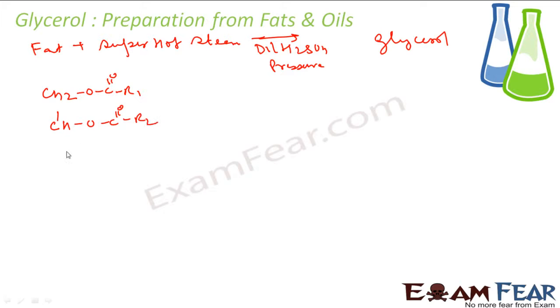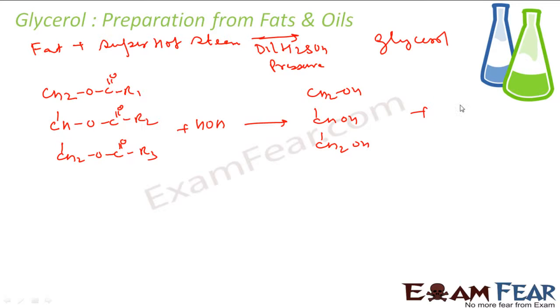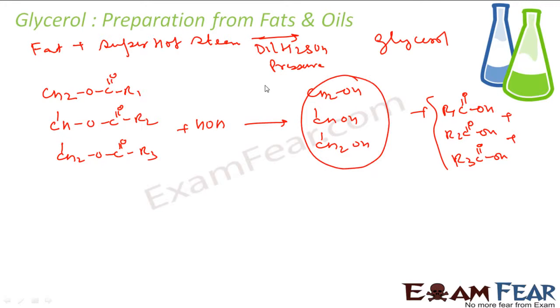Okay, let me write this glyceride of fat. Now on this, I add the super hot water, right? Super hot water and this sulfuric acid and pressure, I get CH2OH, CHOH, CH2OH, and you get R1COOH, R2COOH, and R3COOH. That's what you get. In fact, they are different products. Correct? This is my glycerol.